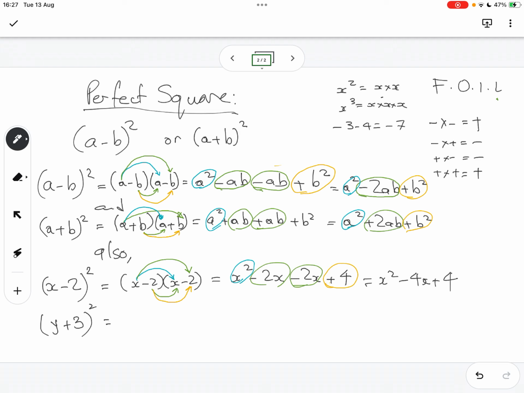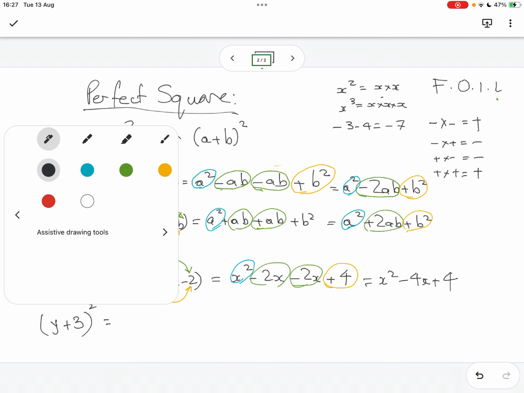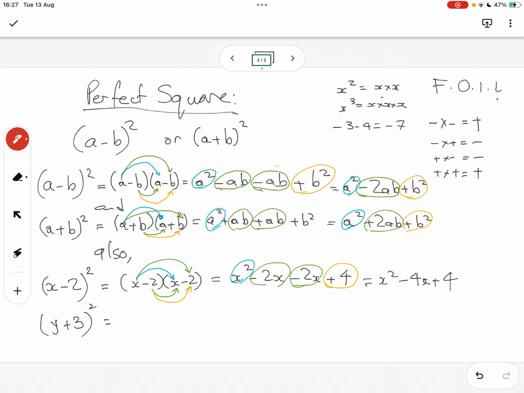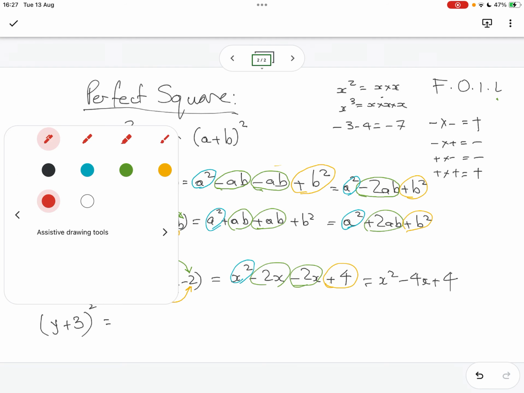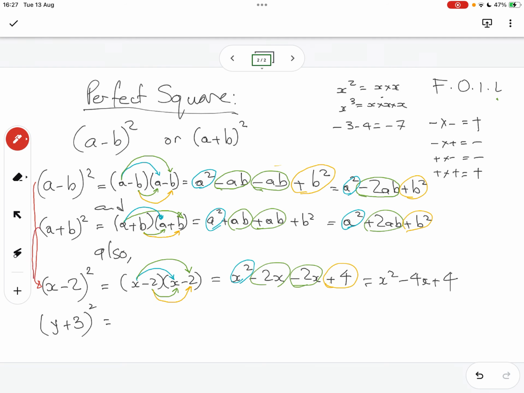You follow? Okay. And then we can also do the same. I want you to notice now, this one looks the same as that one, and this one works the same as that one.